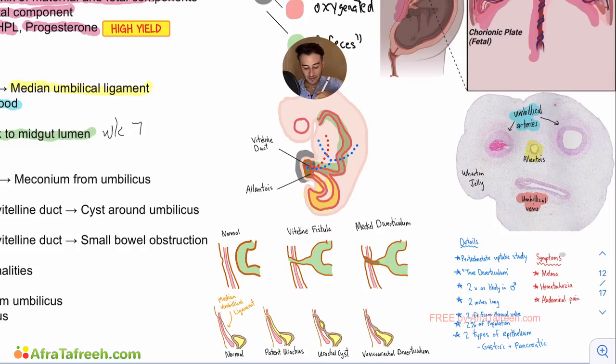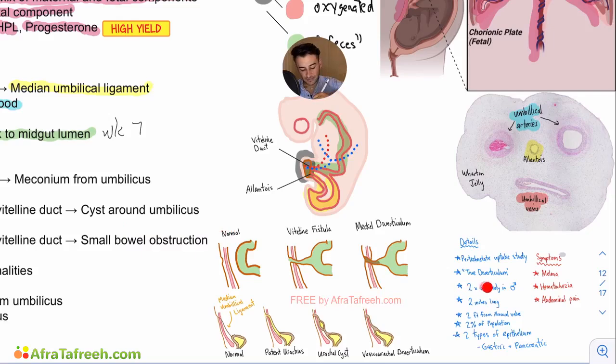If we look at the details, it's going to be a pertechnetate uptake study that is going to diagnose this. It's essentially an uptake dye that is going to fill up the area of the diverticulum, and it's going to show it. It's also going to be referred to as a true diverticulum, and this is important because it has all the parts of the normal GI tract, so it has all the layers, as opposed to a false diverticulum, which may only have one layer of epithelium coming out as opposed to all 2 or all 3.